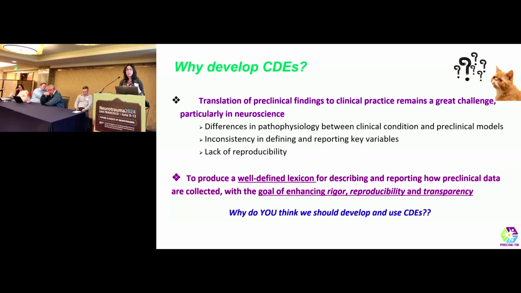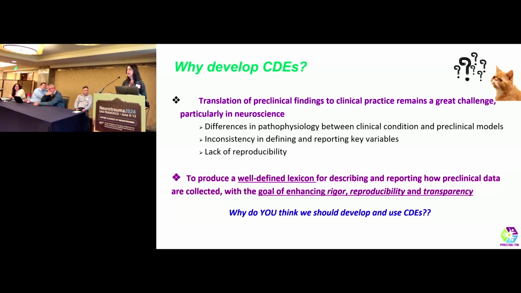By producing this lexicon, we ultimately want to improve not just the translatability, but the rigor, the reproducibility, and the transparency, in accordance with the FAIR principles. Also, one thing we were talking about this morning at a table was this lexicon issue and this ontology issue.